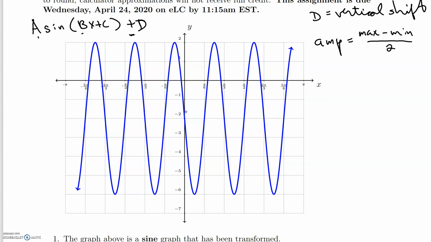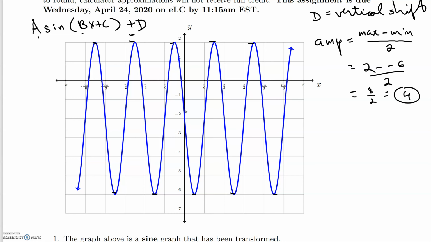The max is any of these high points because they're all the same height, and the min is any of these low points because they're all the same depth. So the max is 2, and the minimum is 1, 2, 3, 4, 5, that's -6. So 2 minus -6 over 2 gives me 8 over 2, which is 4. So my amplitude is 4.